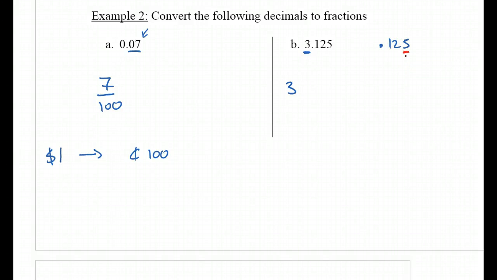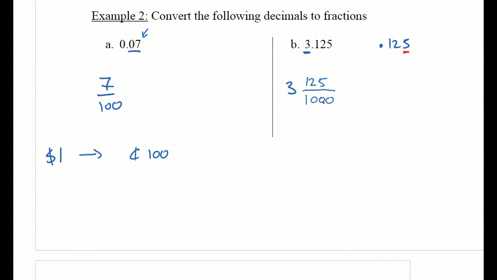And in what position, what place value is that 5 located in? Well, that 5 is located in the thousandths position, excuse me. So it goes tenths, hundredths, thousandths. So I'm going to take my number 125 and write it over 1,000.